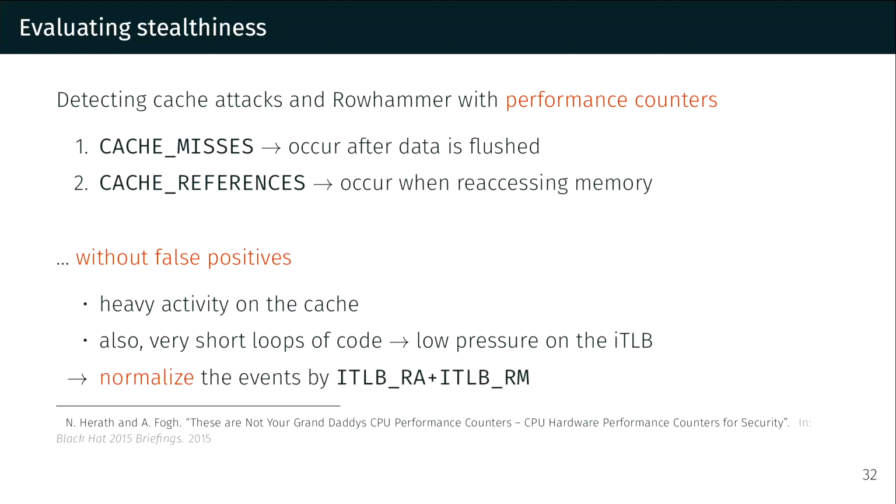So we decided to normalize the cache events, the cache misses and cache references, by events that have to do with the instruction TLB. And there we managed to detect cache attacks and Rowhammer without having false positives. So this is the metric that I'm going to use when I talk about stealthiness.